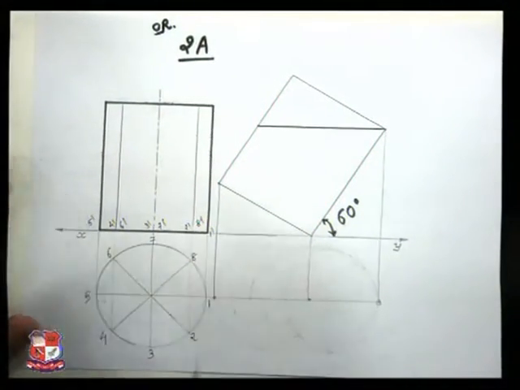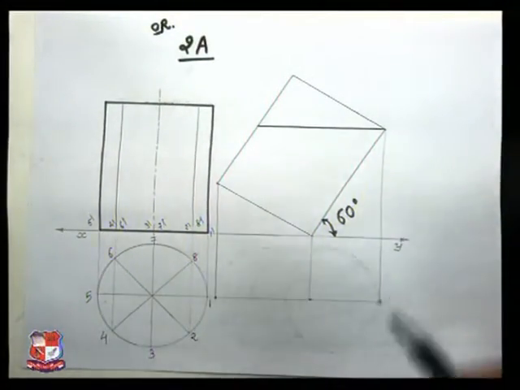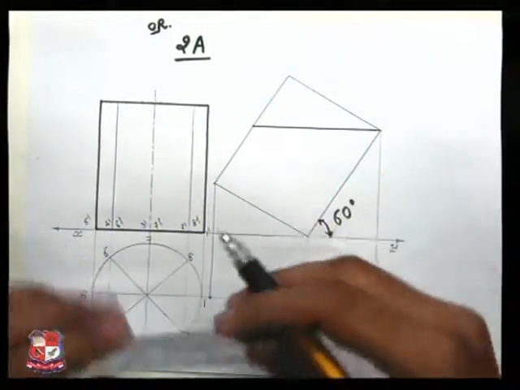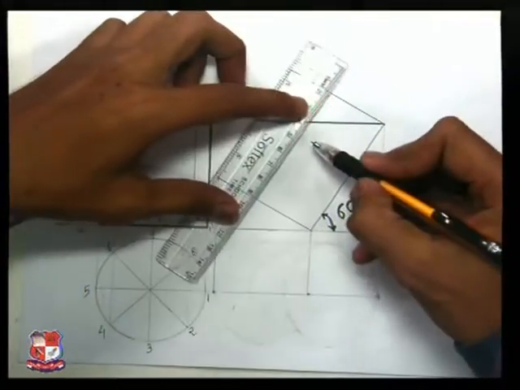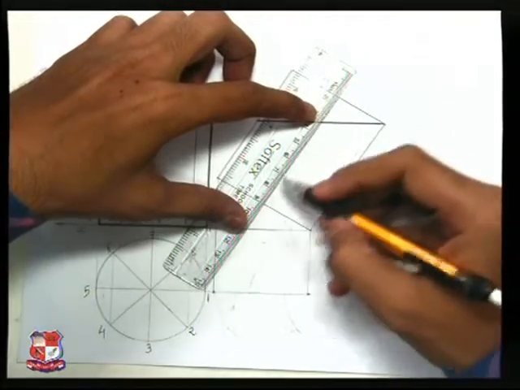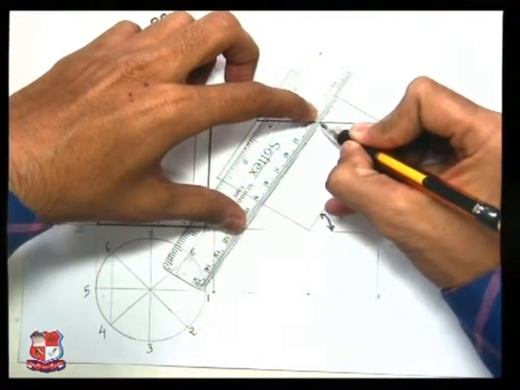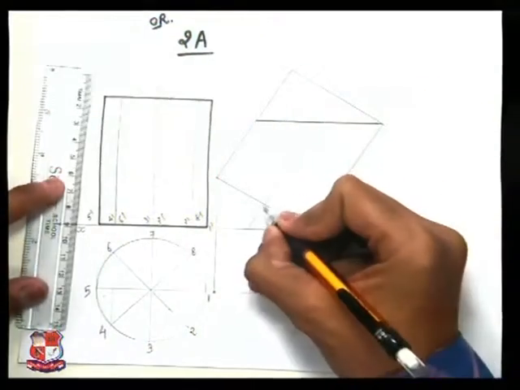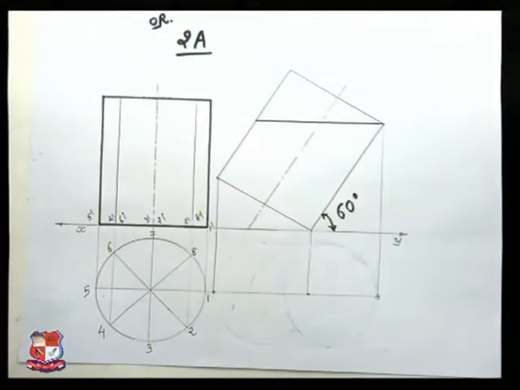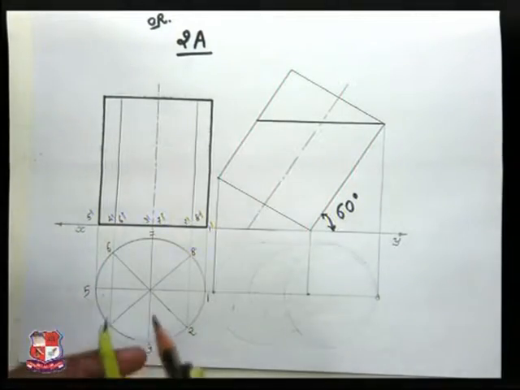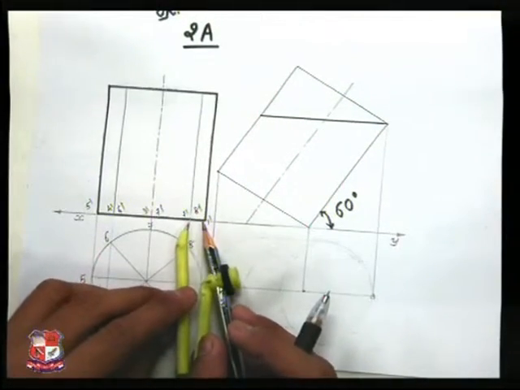Now transfer all these points in this front view as well, by measuring the distance or by drawing an arc like this. This would be the axis of the cylinder, and here is one point. Now you can measure this distance with the help of a compass like this.